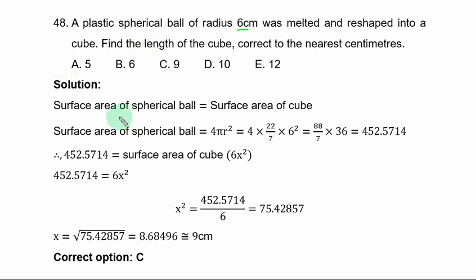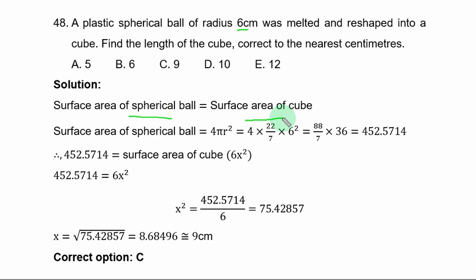Surface area of the spherical ball is equal to surface area of the cube. From the given information, we can get the surface area of the spherical ball. You equate it to the surface area of the cube so that the length of the cube can be obtained.